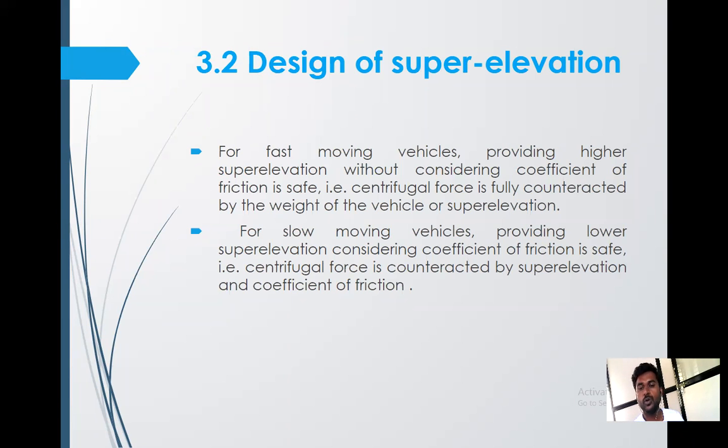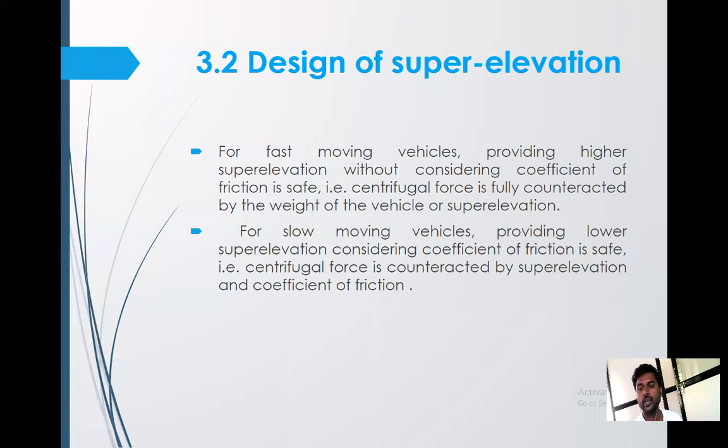Then for the slow moving vehicle, providing the lower super elevation, we consider the coefficient of friction. That is, the centrifugal force is counteracted by both the super elevation and the coefficient of friction.